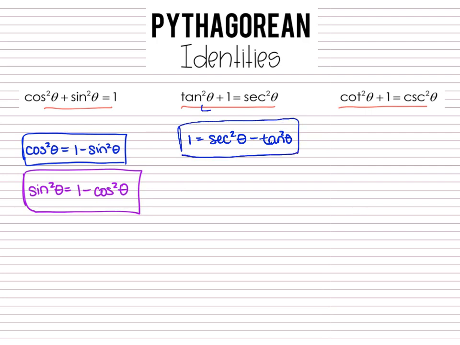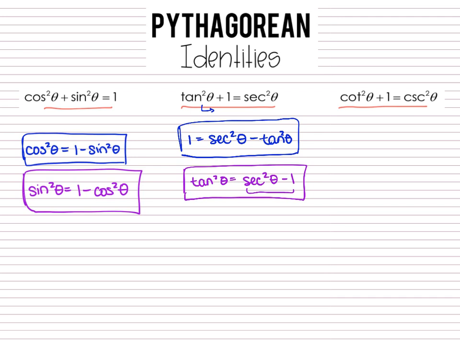The other one I can do is move the 1 over to have tangent by itself, and then I would have tangent squared theta equals secant squared theta minus 1. So again, this is just another expression that we can use. If we have secant squared minus 1, we can substitute in tan squared. If we have secant squared minus tan squared, that's a super bonus because we can take those two trig expressions out and substitute in 1.